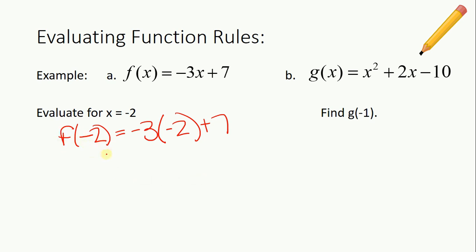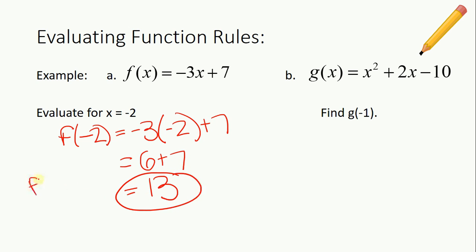Now, f of -2, all that is saying is the value of f at -2. I don't need to do anything on that side. That is just a label if you want to consider it that. Let's figure out this side. -3 times -2 is 6 plus 7. That is 13. So f of -2 is 13.